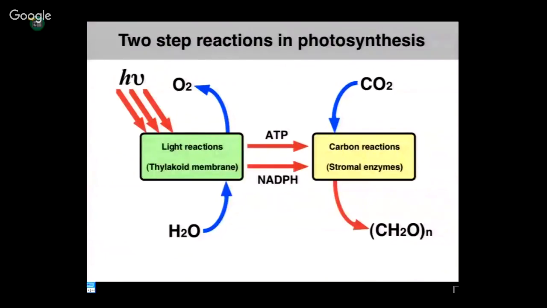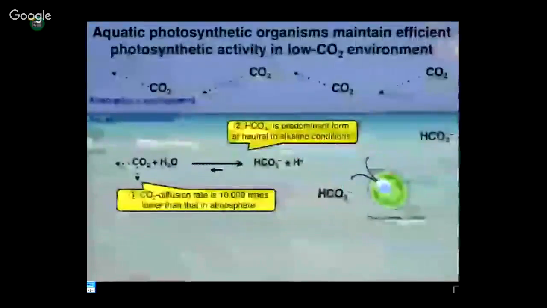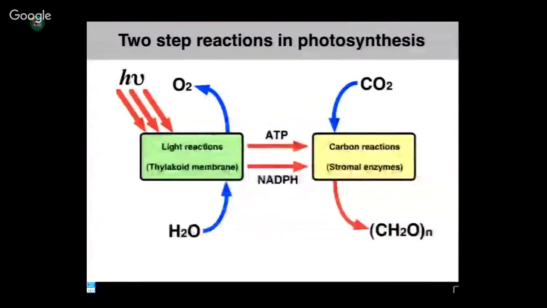So photosynthesis is divided into two parts, but I'm focusing on the CO2 availability because CO2 is right now increasing in our atmosphere. We are facing a high carbon period.